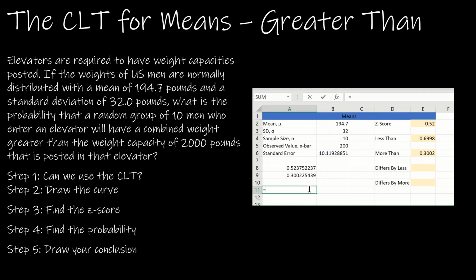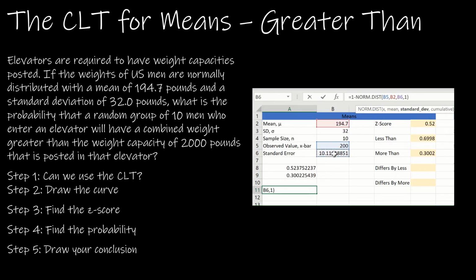So remember, I can say 1 minus, and instead of NORM.S.DIST, I can use NORM.DIST, and I can use the x value of 200, the mean of 194.7, and then a lot of students then use the standard deviation and cumulative, and then they say, well, that must be my probability. And notice that does not match the probability that we found. And that's because, of course, I used the standard deviation and I need to use the standard error.